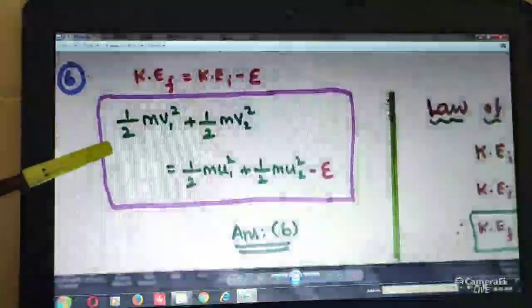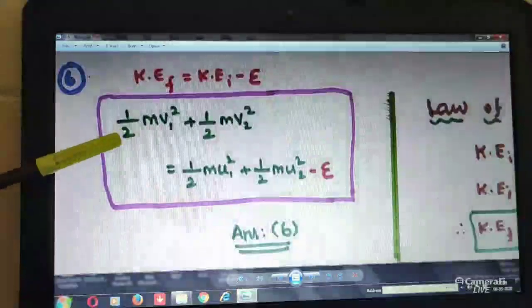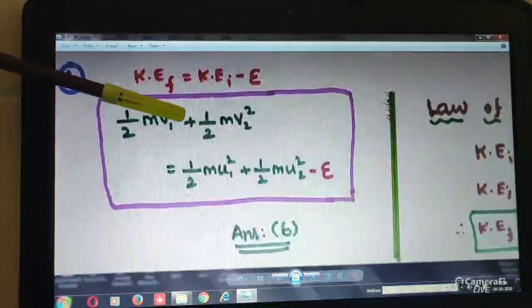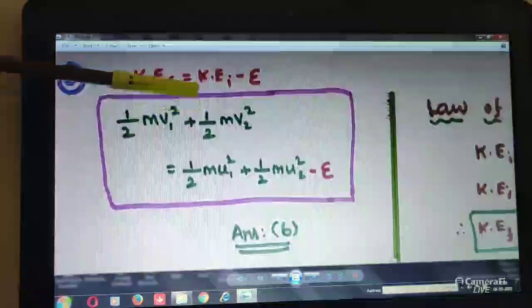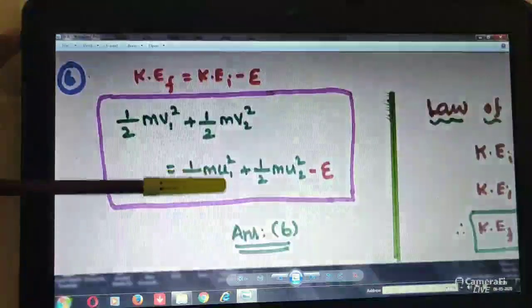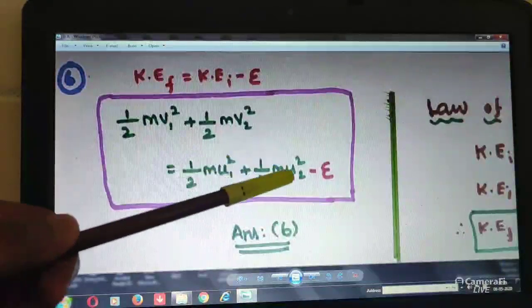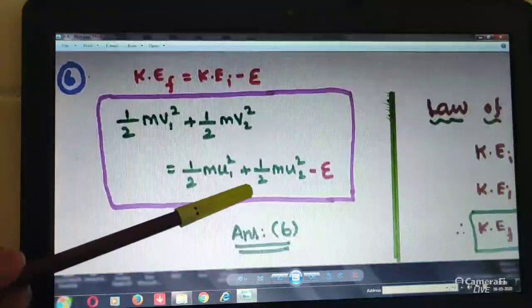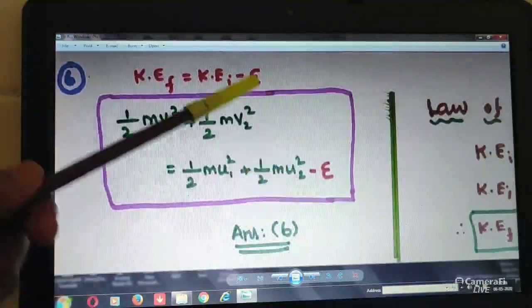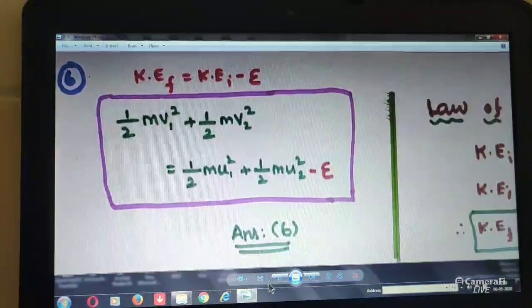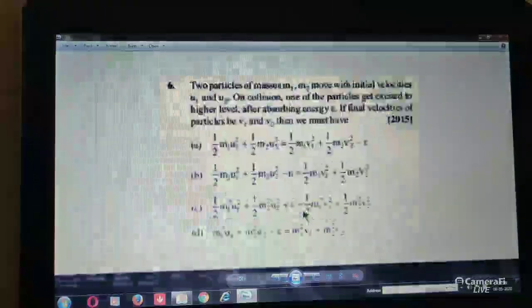So kinetic energy final, final alone without absorption energy, is half mv1 squared plus half mv2 squared, equal to the total initial energy, that is half mu1 squared plus half mu2 squared, minus this epsilon. Okay students, very easy question. This is given as option B, so please check option B.